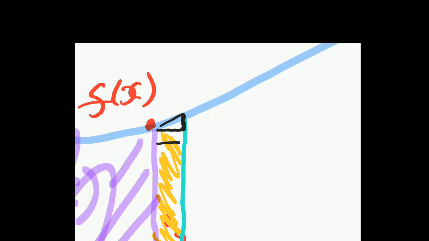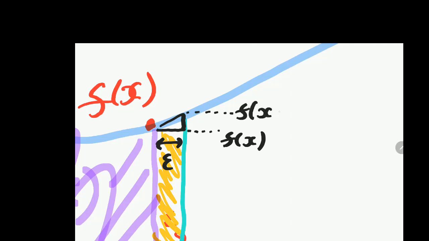We know that this dimension here is going to be epsilon. And we also know that the height of the bottom of the triangle is going to be f of x, and the height of the top of the triangle is going to be f of x plus epsilon.